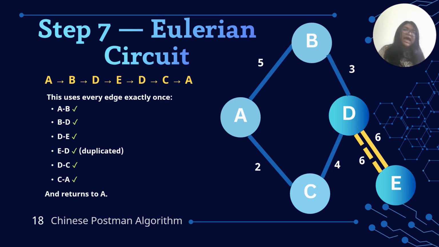D to C and C to A. We use every original edge exactly once, and we used a duplicate edge to make it back perfectly.